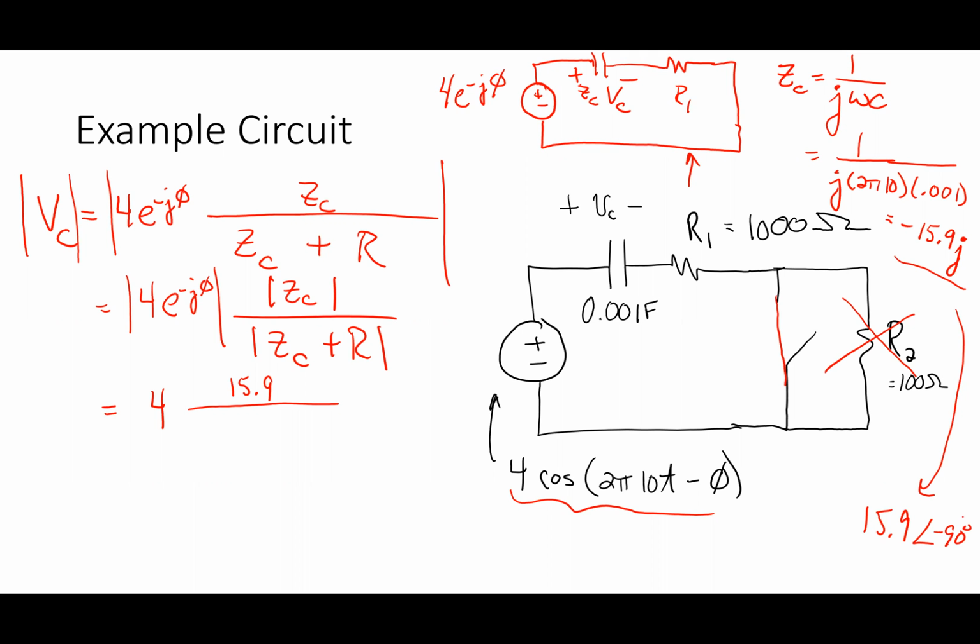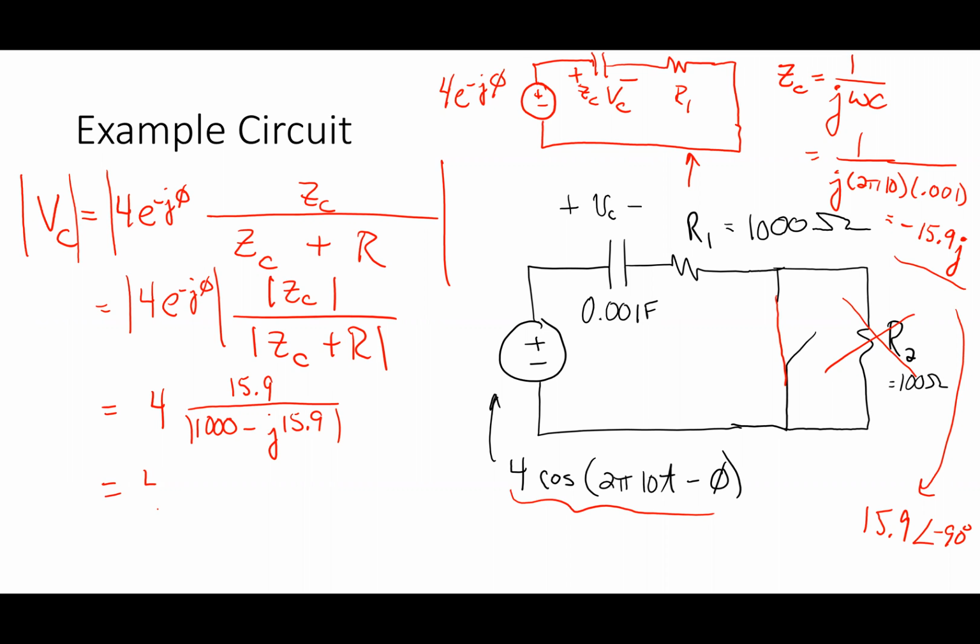What do I have on the bottom? My R is 1,000 minus j times 15.9, and that's a magnitude.